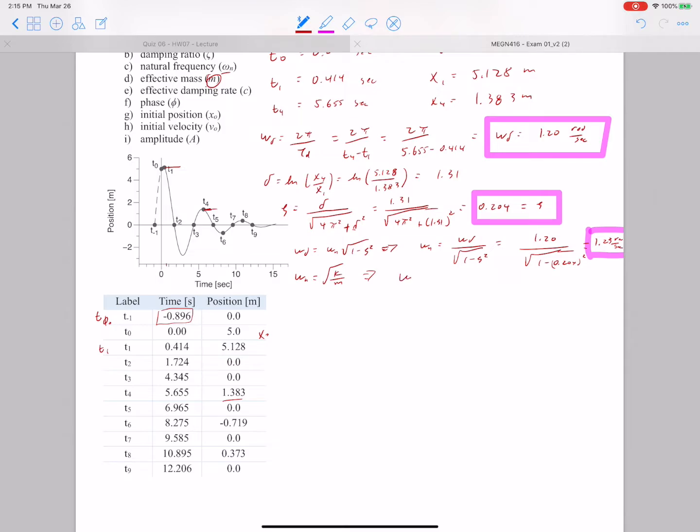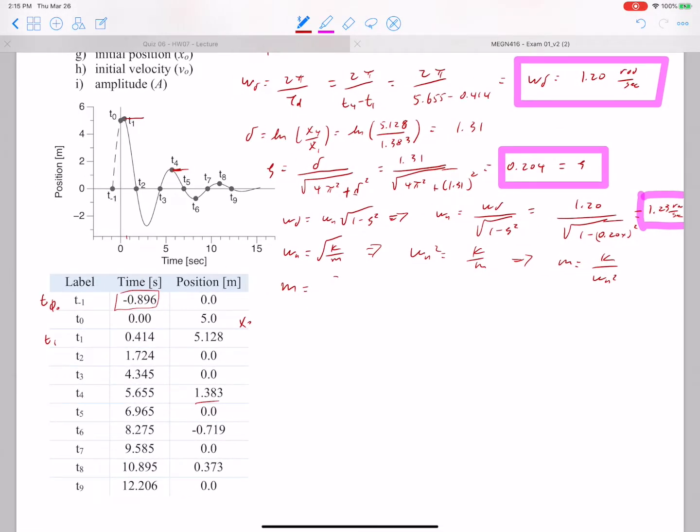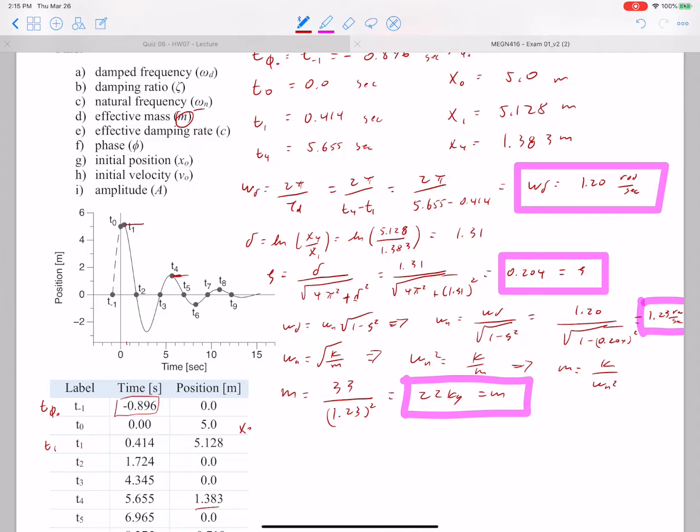Omega n squared is equal to k over m, and then m is equal to k over omega n squared. So m is equal to k, which is 33, divided by 1.23 squared, which gives us 22 kilograms. So that's our mass.